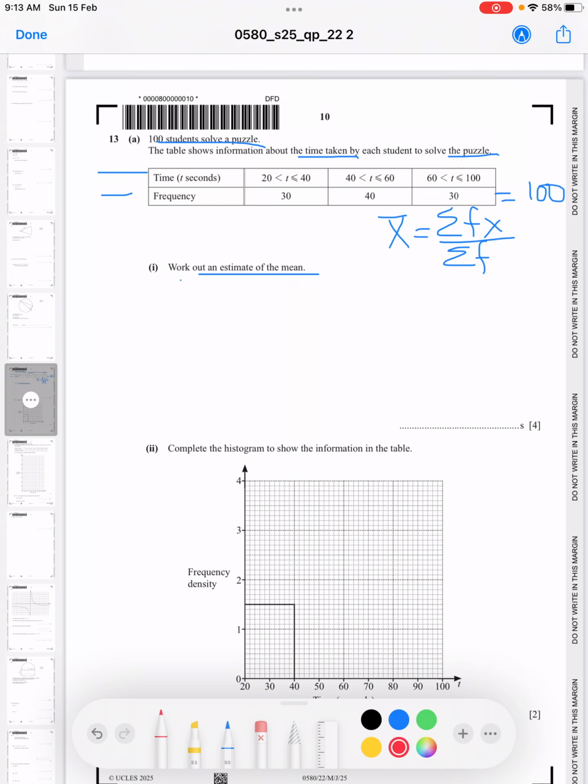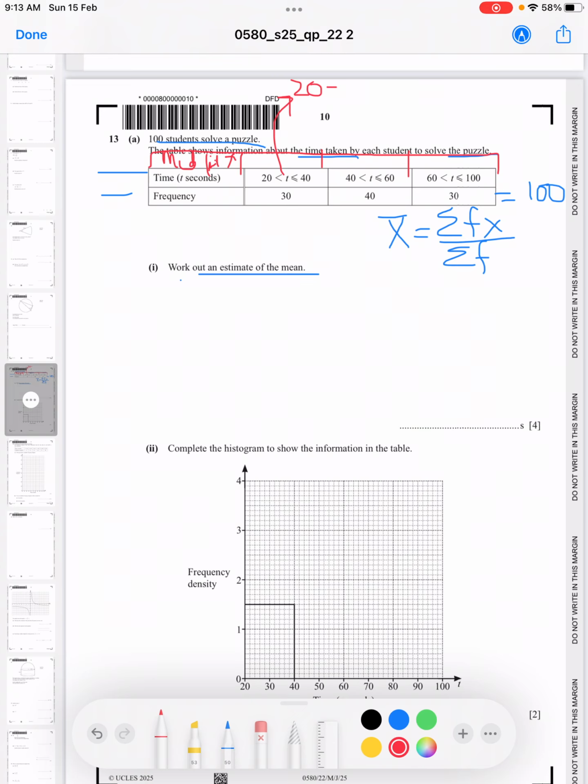So I make another row for the midpoint x. I will show you for the first one. You can find the others.